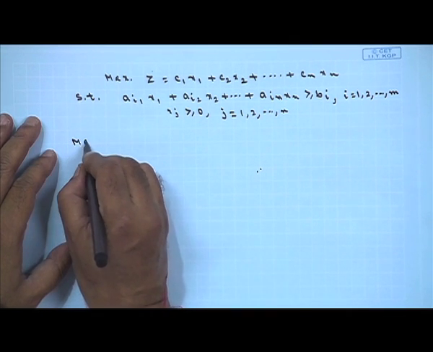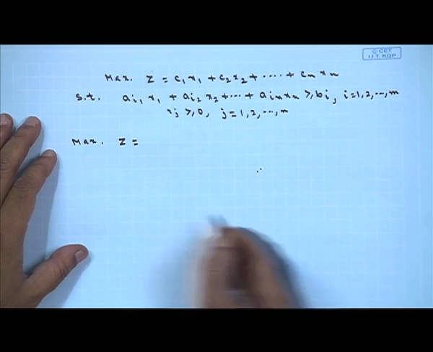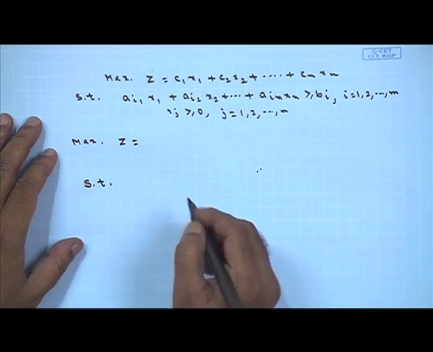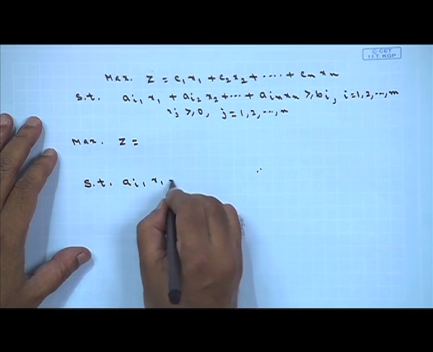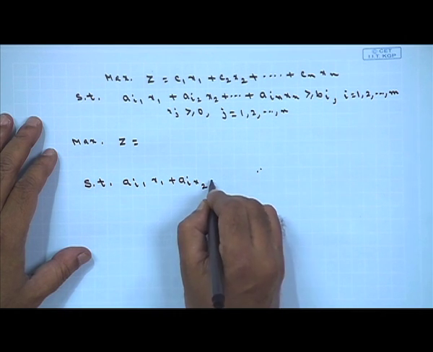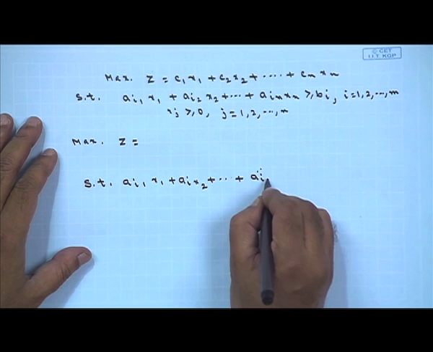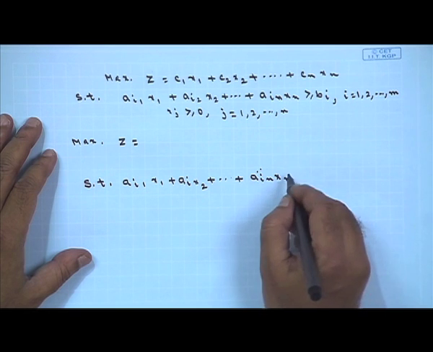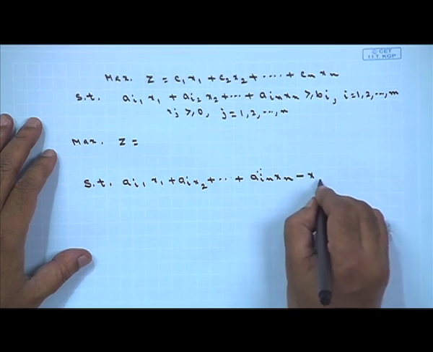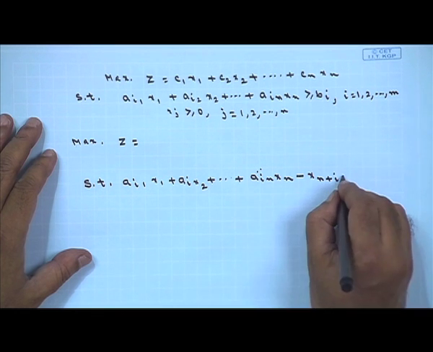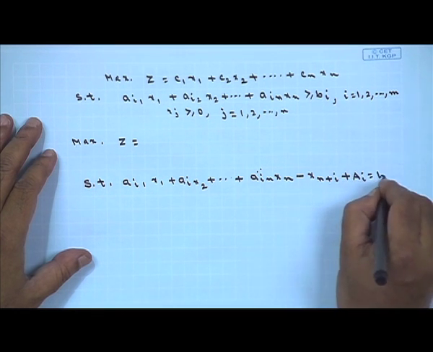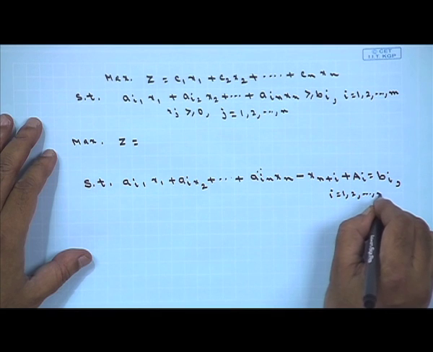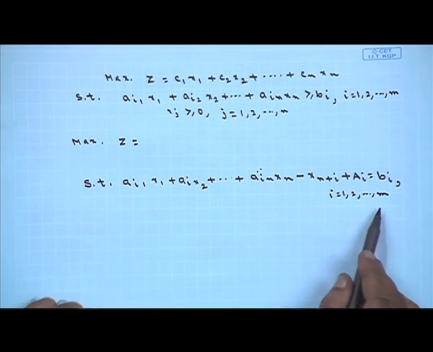So, your maximize will be z. I am just writing first the subject to, then I will write down that part. Subject to ai1 x1 plus ai2 x2, like this way, plus ain xn minus x(n+i) plus ai equals bi, for each i equals 1 to m.